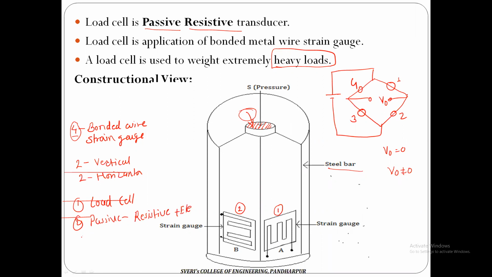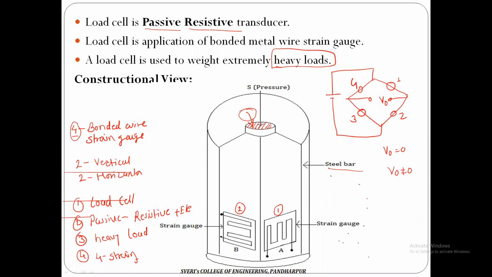Is it right? Number 3, it is used for the measurement of extremely heavy load. These 3 things are very important. Get it, my point? And if you want to remember, number 4, 4 bonded wire strain gauges are used. So these are about the strain gauges.